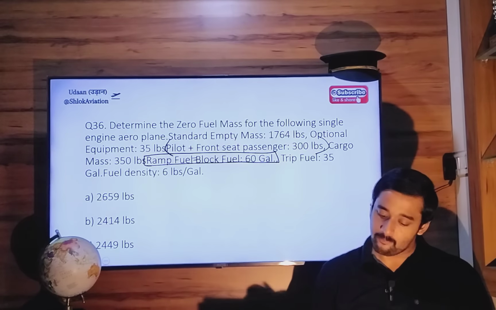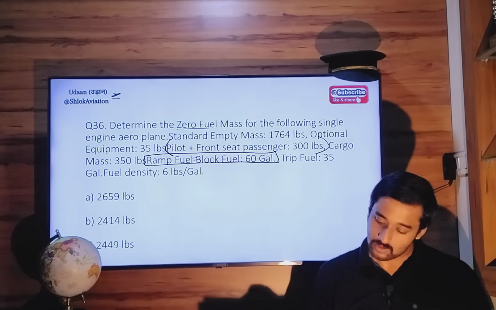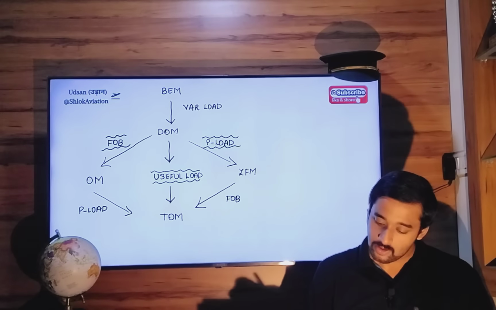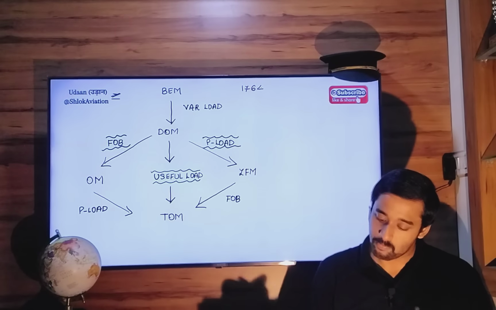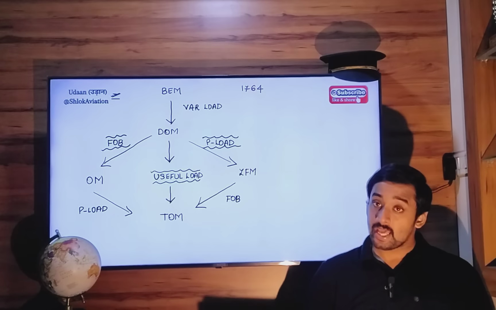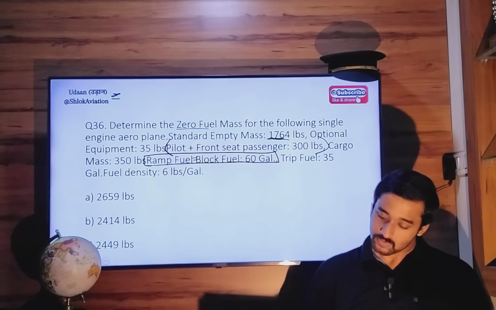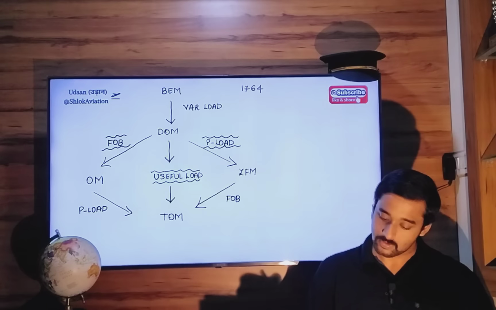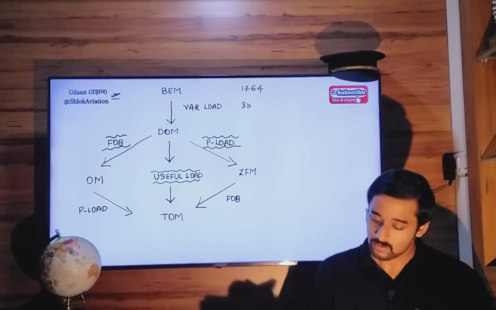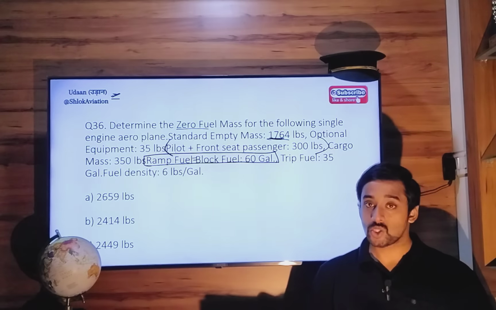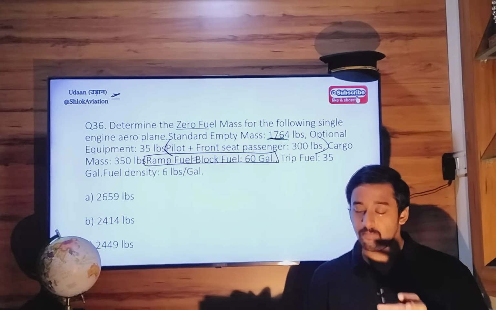So now here we have basic empty mass, 1764 pounds. So I'm writing it here, 1764 pounds. Variable load is 35 pounds. Pilot is also a variable load, but passenger is a payload.